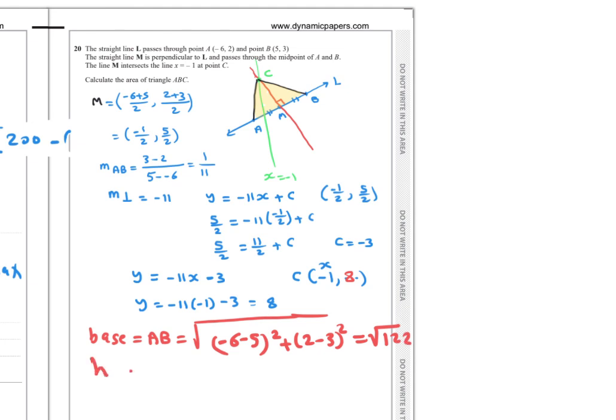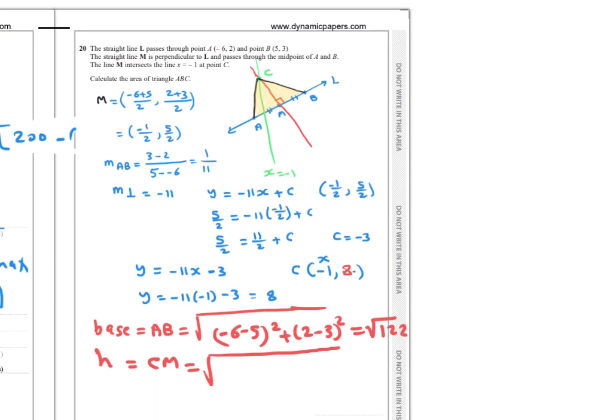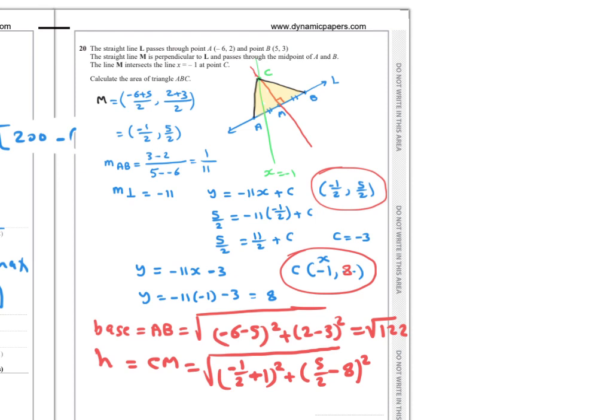To find the height, which is CM, we have C and M: square root of (-1 over 2 minus -1, so plus 1) squared plus (5 over 2 minus 8) all squared, equals square root 61 over 2.